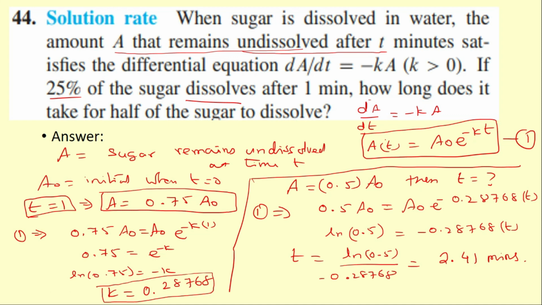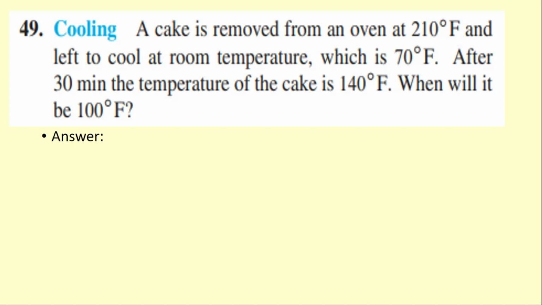Now let us see 49. Okay, the same type of problem in Newton's law of cooling. 49. Well, a cake is removed from an oven at 210 degree F and left to cool at room temperature, which is 70 degree Fahrenheit.